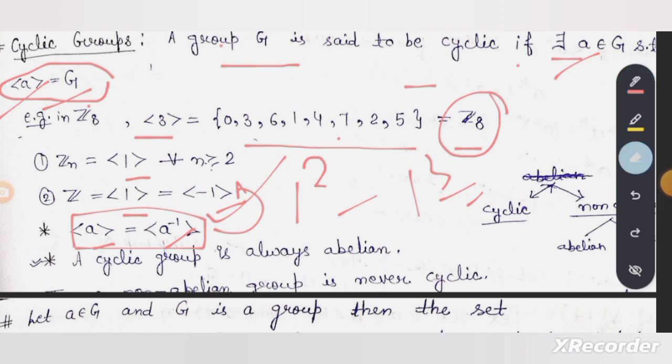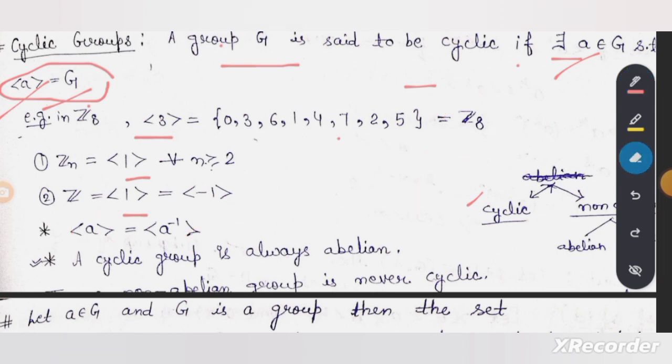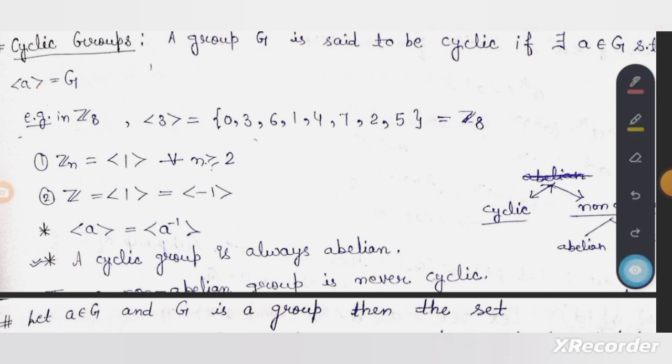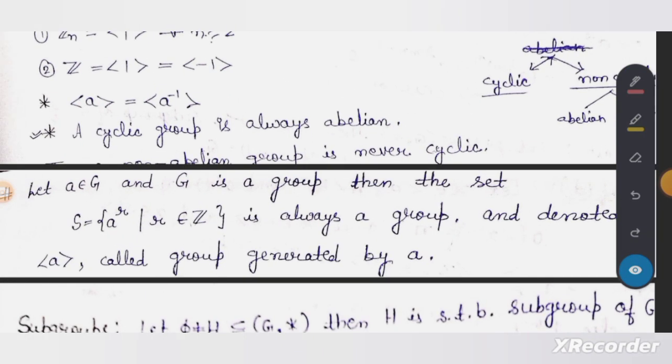This property I'm going to discuss with you is very important: a cyclic group is abelian always. A cyclic group is always abelian, but an abelian group may not be cyclic. Okay, a cyclic group is always abelian, but a non-abelian group is never cyclic.